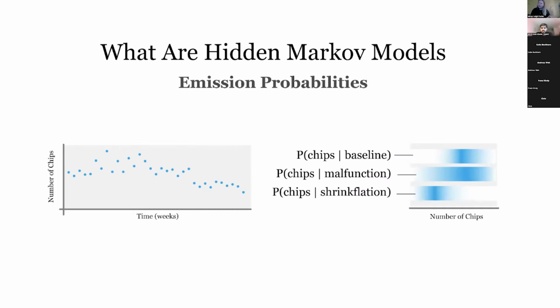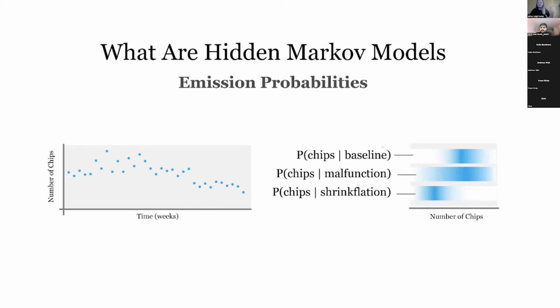A way that we can start to think about this more concretely and mathematically is to imagine that the probability distribution function over the number of chips that we expect to see, given each one of these hidden states, is going to look very different. I realize chips is a discrete variable, not continuous, so forgive me for the somewhat continuous representation.